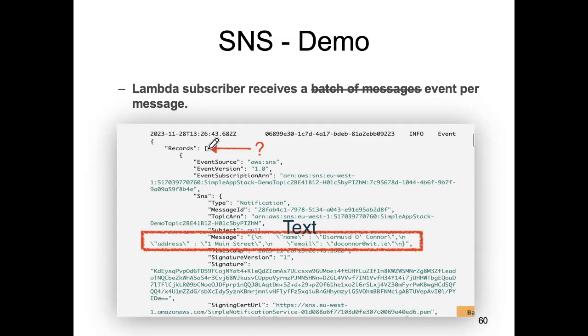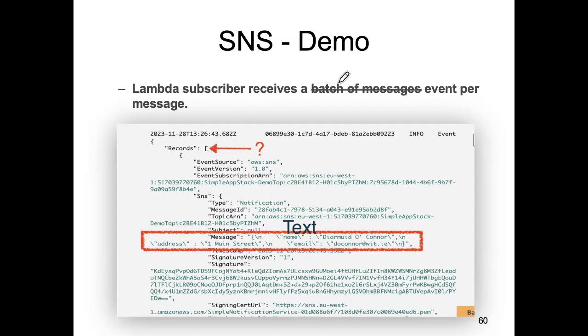Now, it's misleading actually, because when I've read the docs on this, it turns out that for every message that is sent to an SNS topic, and if that SNS topic has a Lambda subscriber, which it does in our case, for every message that is sent to the SNS topic, there is a Lambda instance triggered for each message. So there's a one-to-one. So you don't actually have the possibility of getting a batch of SNS messages.